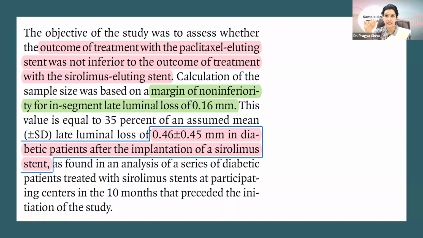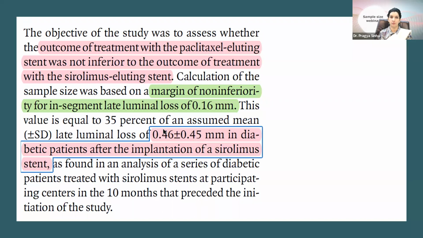So the author has set the non-inferiority margin as 0.16 millimeter. You can see here that the calculation of the sample size was based on the margin of non-inferiority for in-segment late luminal loss of 0.16 millimeter. This value is equal to 35% of the assumed mean and standard deviation of late luminal loss of 0.46 plus or minus 0.45 millimeter.